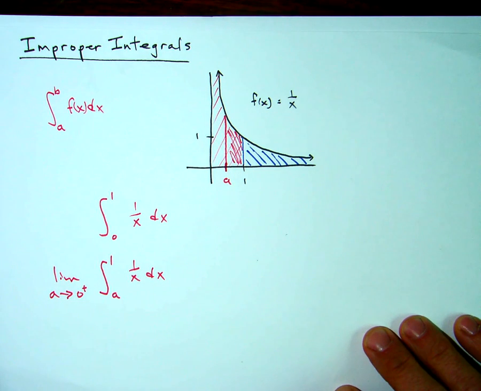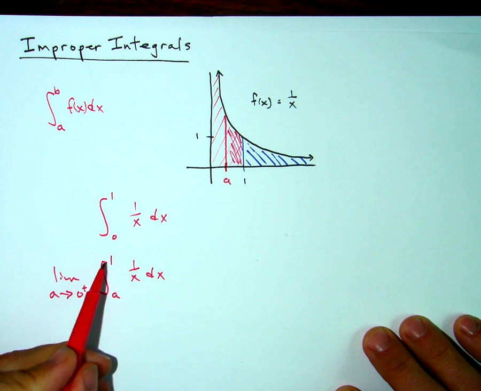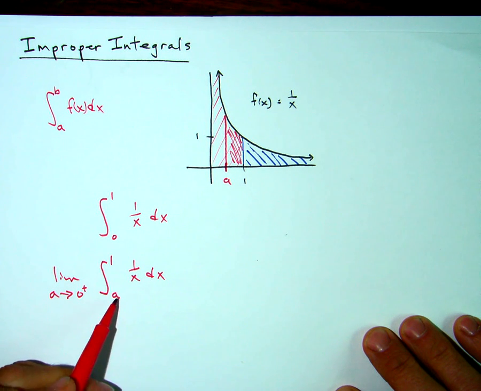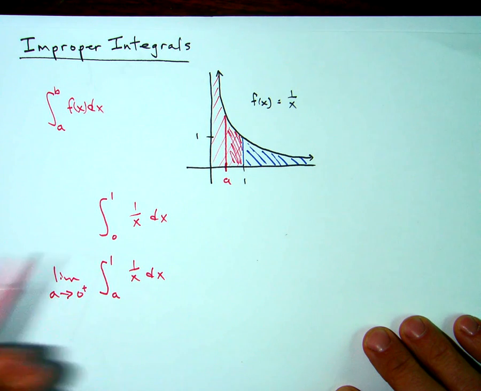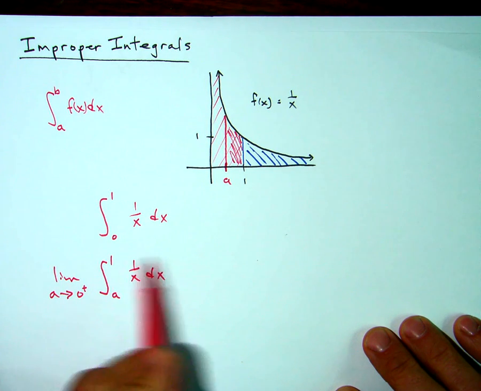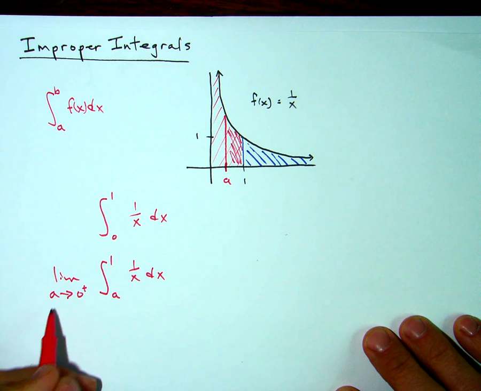Ultimately, by having now an actual definite integral, I can plug in a and I can plug in 1, where I couldn't plug in 0 before because it was not in the domain. Then, after the resulting antiderivative, I can take this limit.